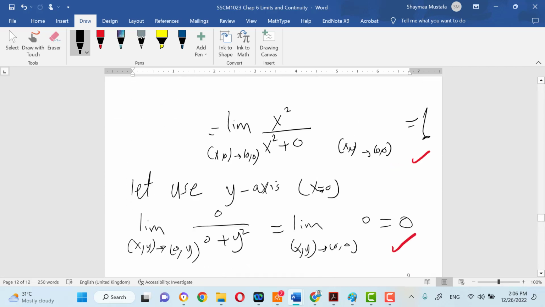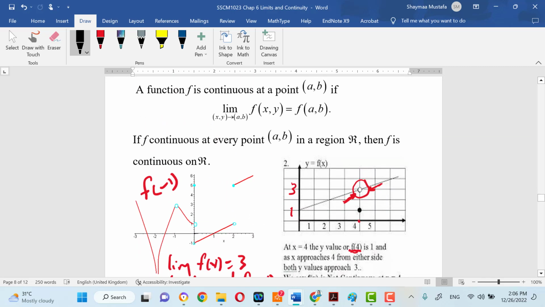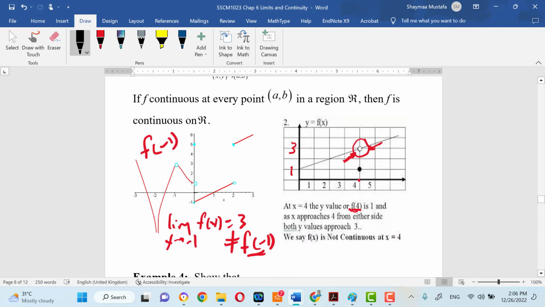Similarly, going back to the earlier example, this function may not be continuous at x equal to 4 because the value at 4 is 1. But when I change the value at 4 from 1 to 3, it becomes continuous. So we can extend the function to become continuous if the limit exists, but the value at the point is different or does not exist.